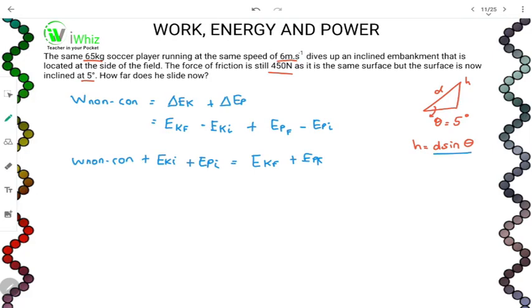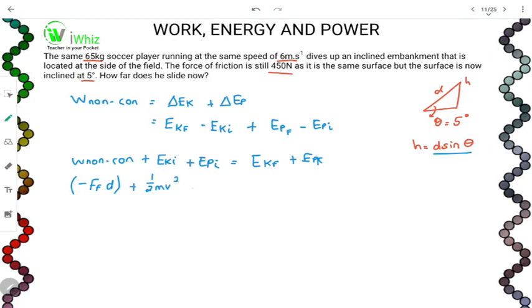Putting all of that into consideration, what do we have? What are we saying? We are saying that this work, non-conservative, is equal to the negative force of friction times the distance. What else are we saying? We're saying that the initial kinetic energy is half mv squared.